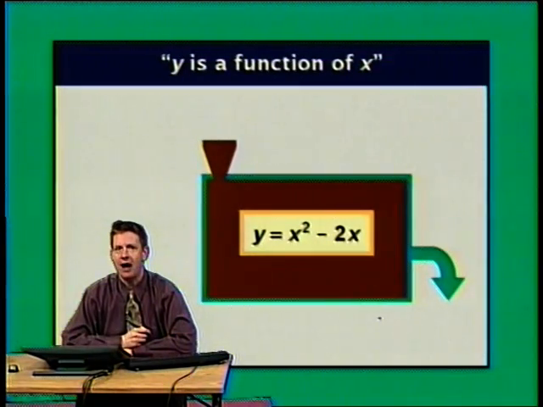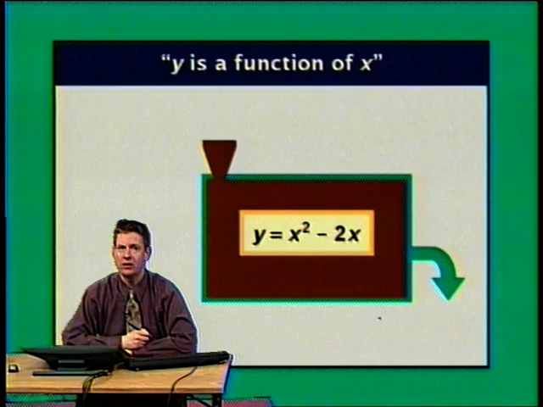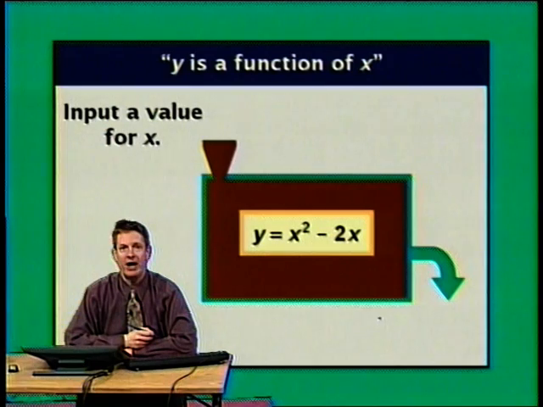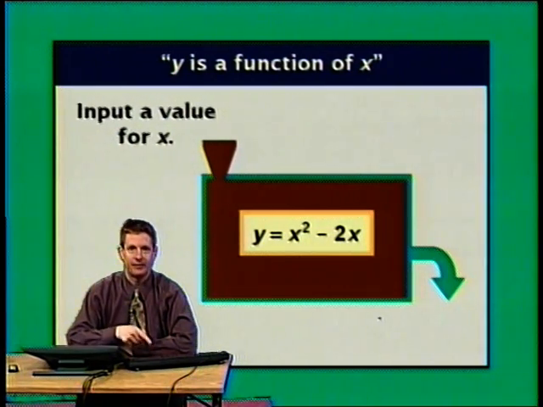We frequently talk about y being a function of x. X is our horizontal axis, y is our vertical axis, and we get our inputs off the horizontal axis, and our outputs are the y-coordinate of the corresponding point on the function. So in this example, the y-coordinate is generated by the formula x squared minus 2x. And we input a value for x.